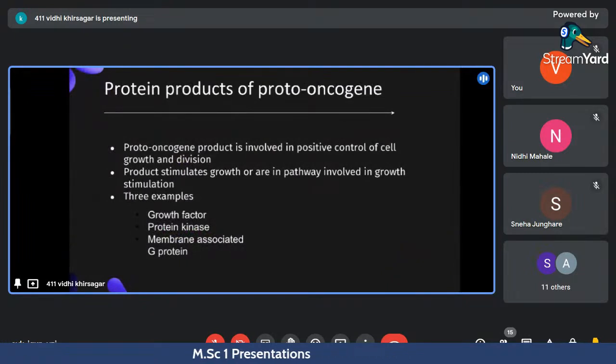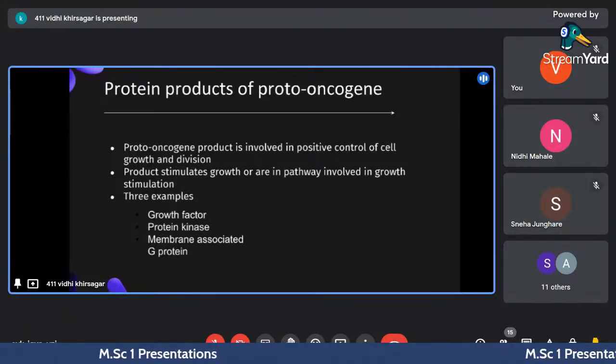Protein products of proto-oncogenes. Proto-oncogene products are involved in positive control of cell growth and division. The products stimulate growth or are in pathways involved in growth stimulation. Three examples of the protein products of proto-oncogenes. First, growth factors. An example is viral oncogenes and cellular oncogenes that alter the growth factor level.